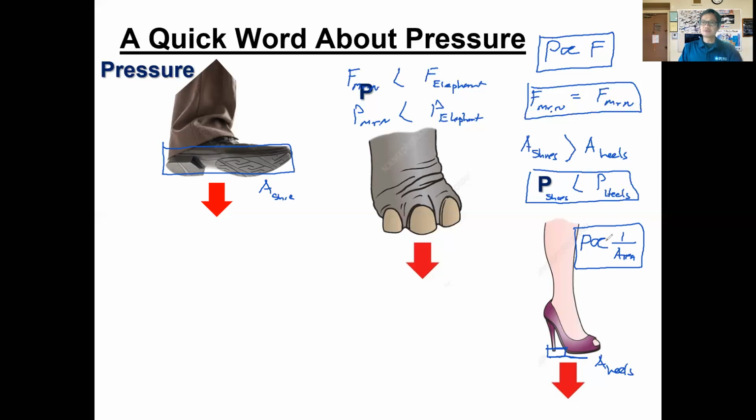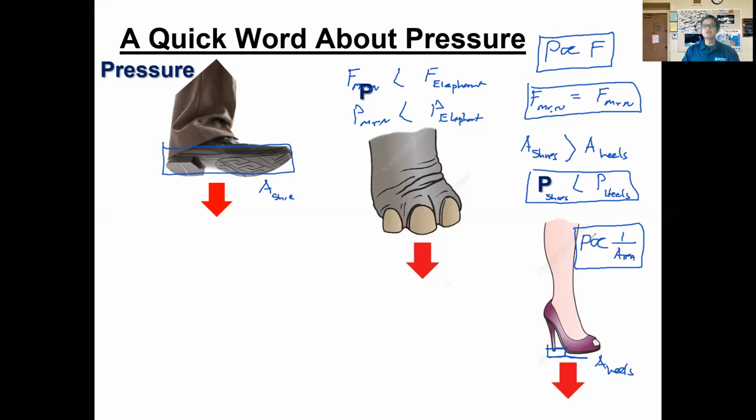This relationship tells us that the pressure is inversely proportional to the area. So as the area gets bigger and bigger, the pressure is going to get smaller and smaller.